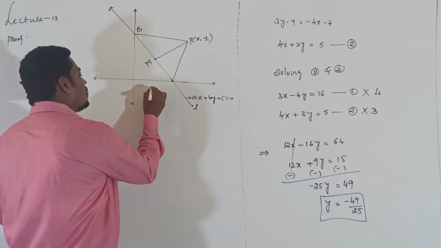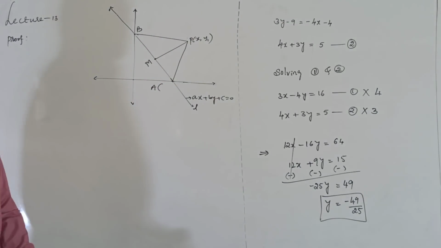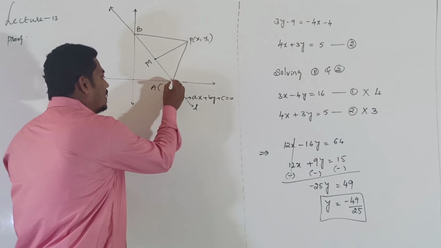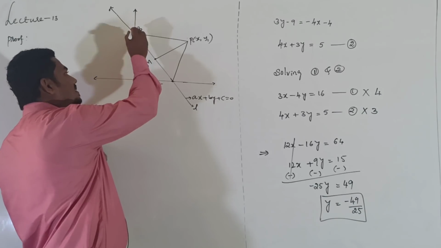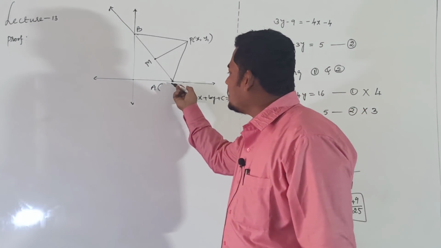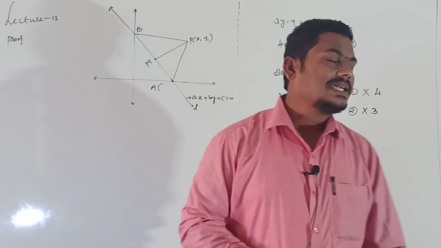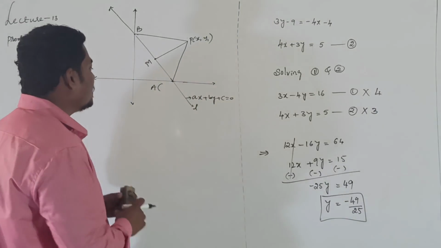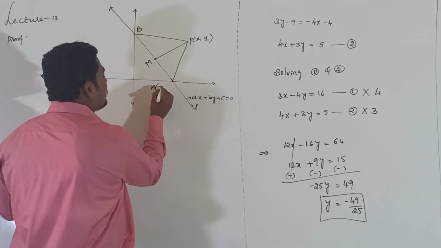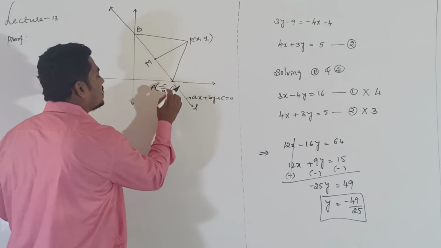Then can you tell me the coordinates of this point? Coordinates of A and coordinates of B. Clearly point A is on the x-axis, means it is the x-intercept. What is the x-intercept of this line? Minus c divided by a comma 0.